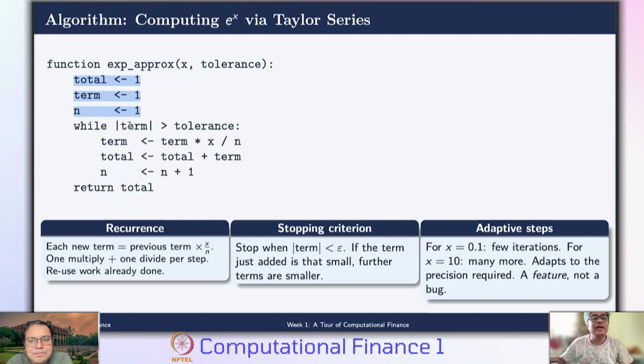That is where you have to decide that when a particular term is no more contributing to the total, I should stop, right? If you take an x value, suppose you want to do it for e to the power 5.